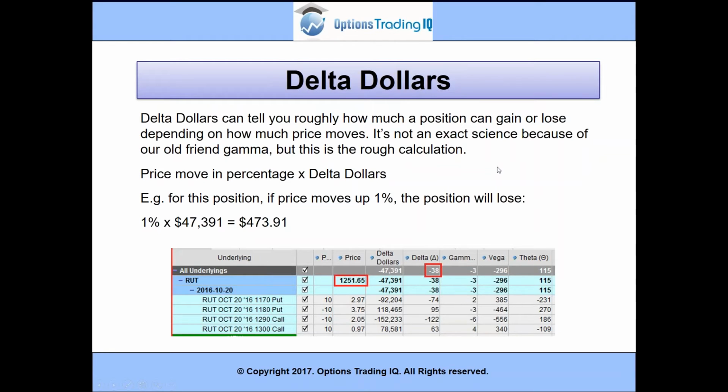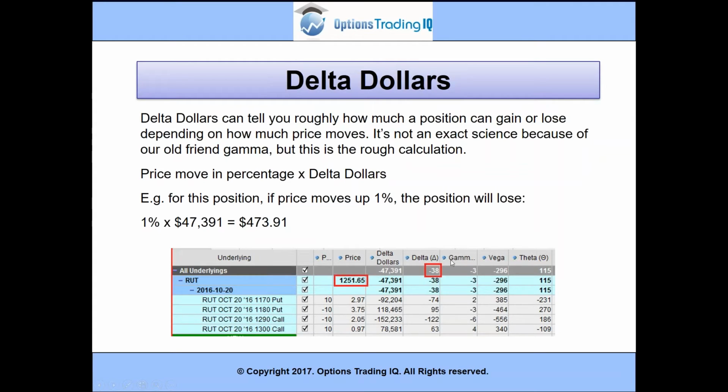The rough calculation, if we want to know how much we could potentially lose, is the price move in percentage times delta dollars. We've got a roughly $47,000 exposure, which you could think of as a notional value. If price moves up by 1%, the position will lose, and again this is rough, 1% times 47,391, which equals $473.91.